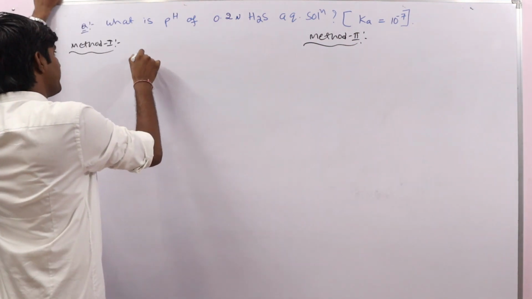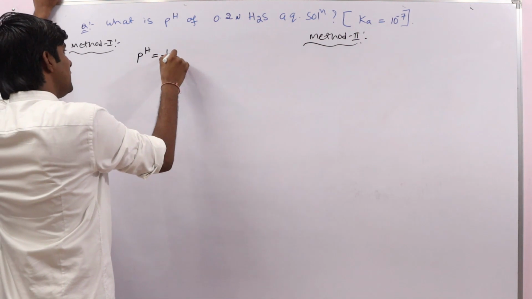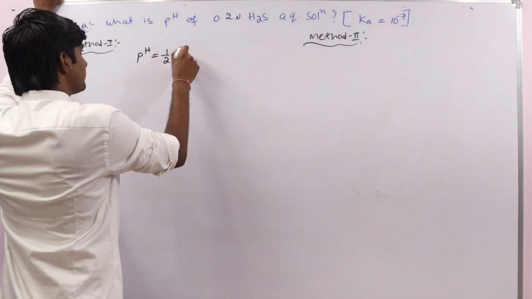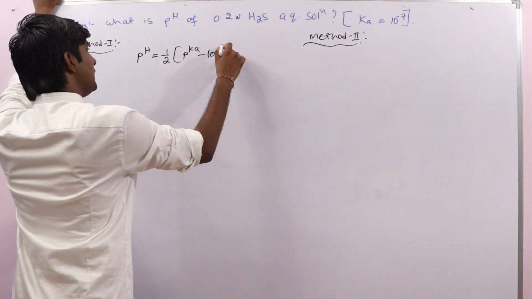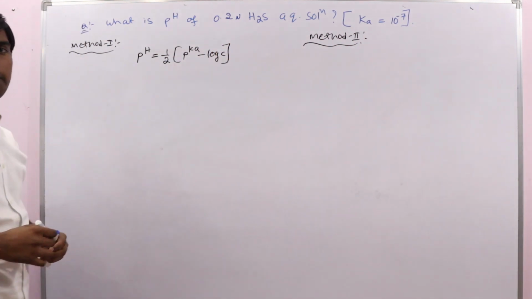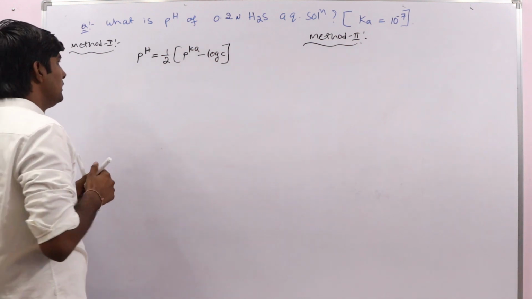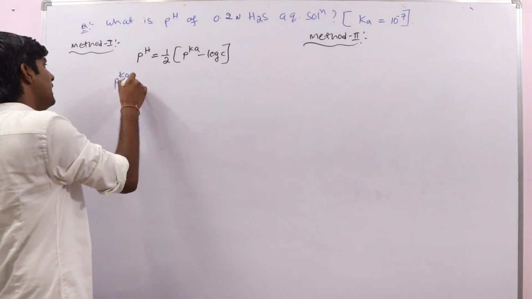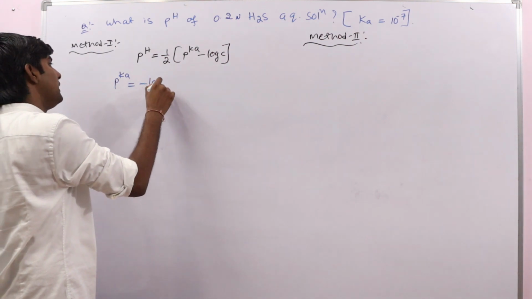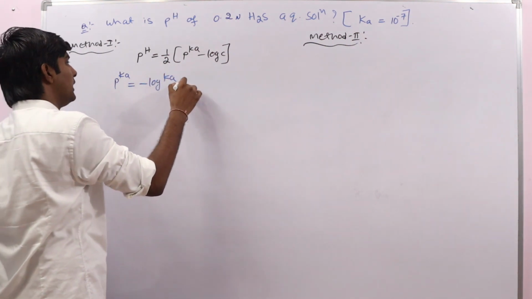First one is pH is equal to 1 by 2 into pKa minus log C. So here pKa is not given but Ka is given. We know the formula pKa equal to minus log Ka.